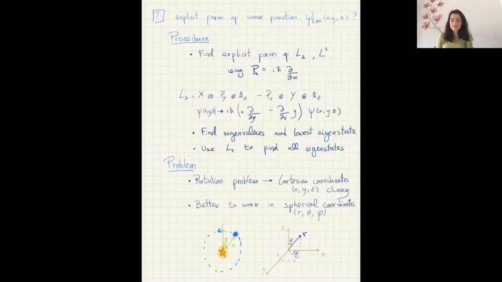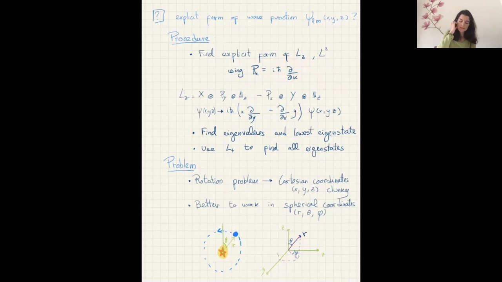First, we need to find the explicit form of these operators, which you can do. For example, we know that the momentum in some direction k acting on the wave function acts like this: i h bar times the derivative with respect to this coordinate. So k could be x, y, or z.